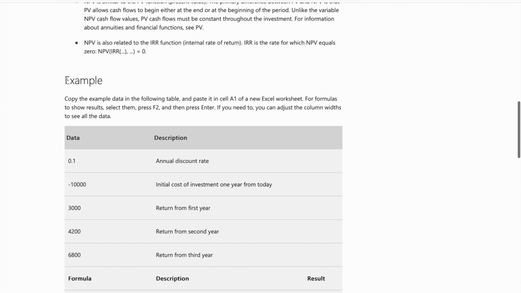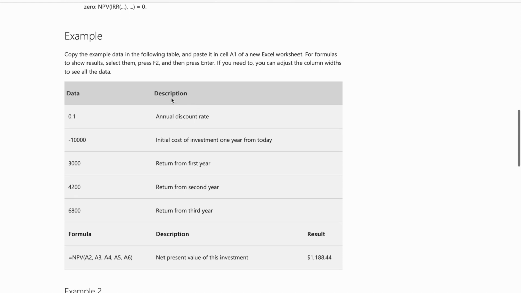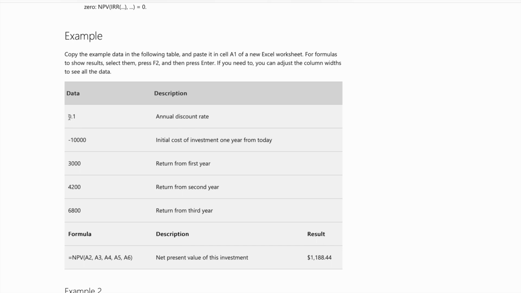Let's jump into the example. In this example, here we have description and data. Here 0.1 is the annual discount rate, minus 10,000 is the initial cost of investment 1 year from today. Then we have 3,000 which is returned from the first year, 4,200 from the second year, then 6,800 from the third year.